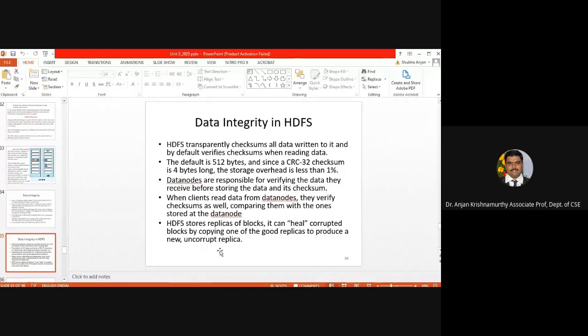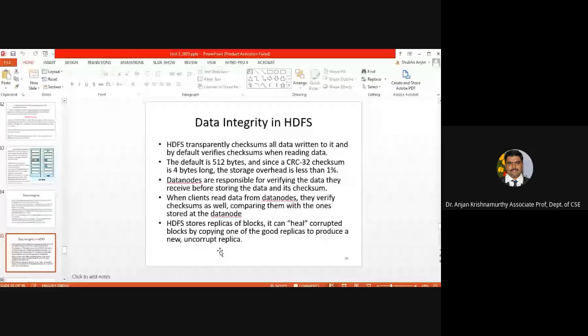So the system will make sure that the data is intact, so this is how data integrity is maintained in HDFS.